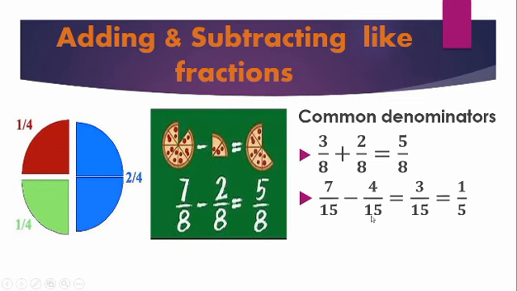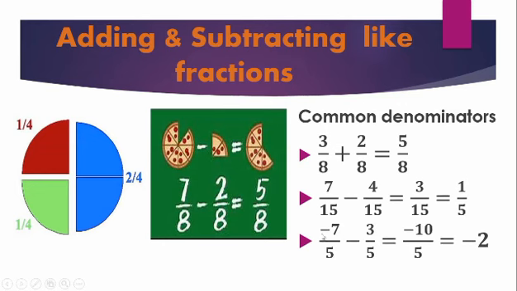So the common denominator is 15. We only make the operations on the numerators. So 7 minus 4 equals 3. And 3/15 is not in lowest terms. We have to divide the numerator and the denominator by 3 to get the lowest term of the fraction, 1/5.